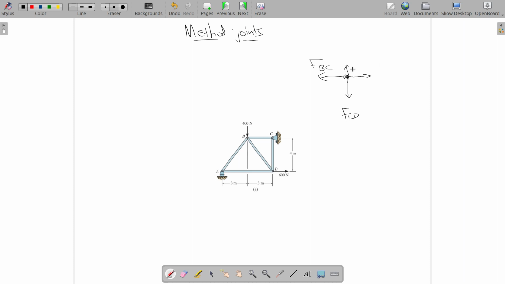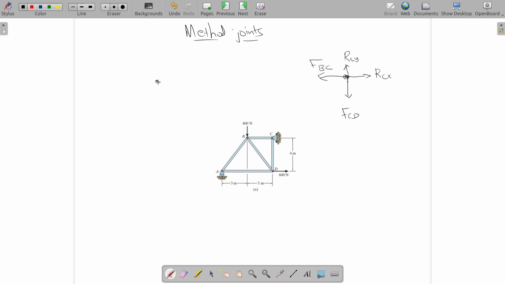We will take RCY and RCX as the vertical and horizontal components of the support reaction. So there we have 4 unknowns.